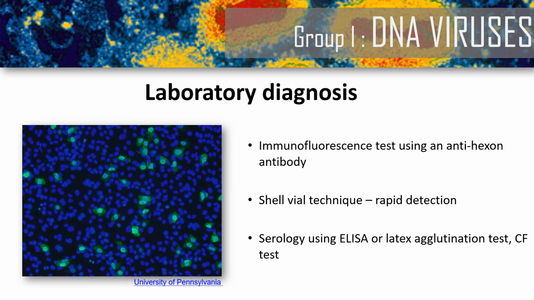Okay, I hope that you still remember the shell vial technique mentioned in the last part of our laboratory diagnosis. And also we can use your serology using your ELISA or latex agglutination test. You have your CF test, complement fixation test naman to, class, which I believe explained in your serology class.